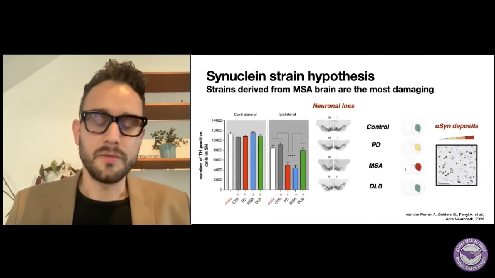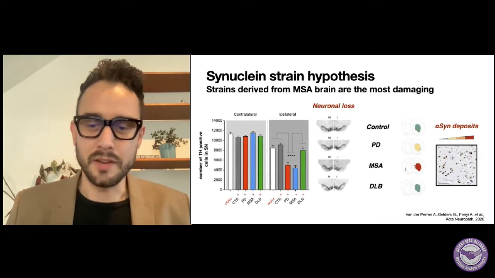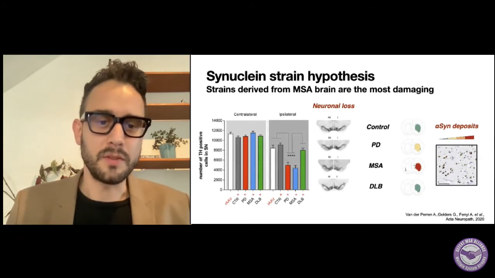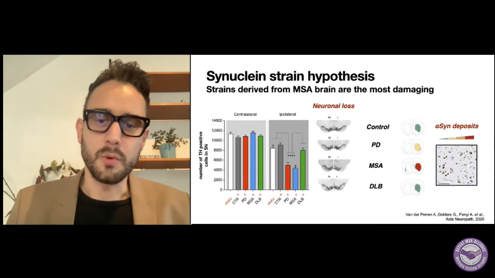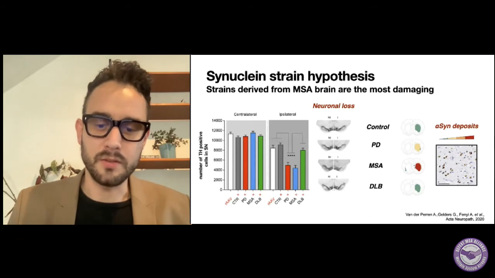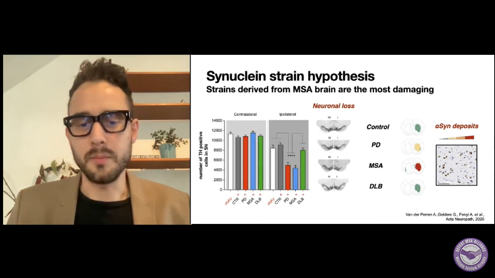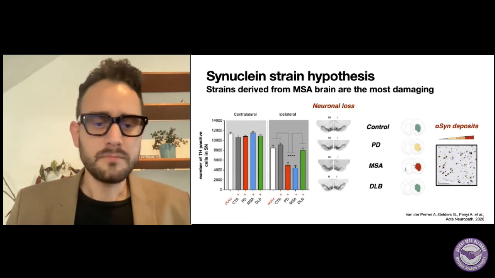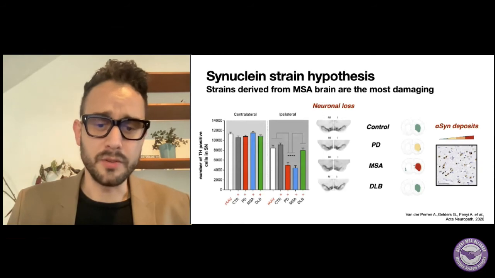So here you see some of these results. This is actually one slide summarizing several years of research. But what you see here, for instance, is that whenever we inject PD strains or MSA strains or DLB strains, whenever we inject any of these fibrils in the animal's brain, you can see that in the case of multiple system atrophy, there's very extensive cell loss, neurotoxicity.